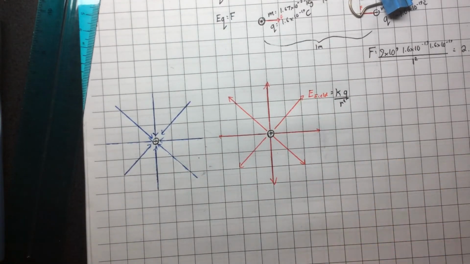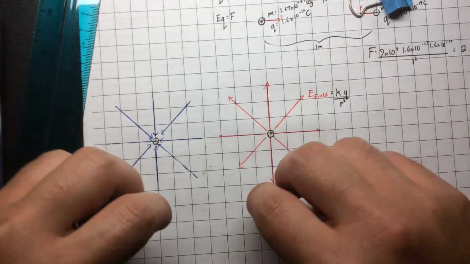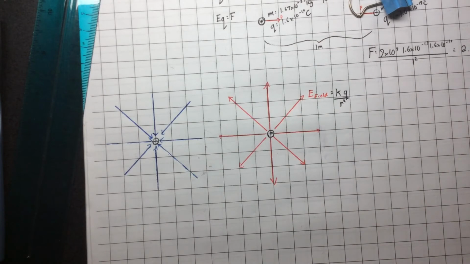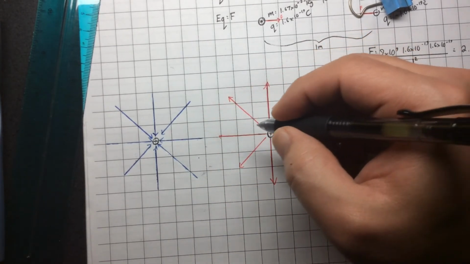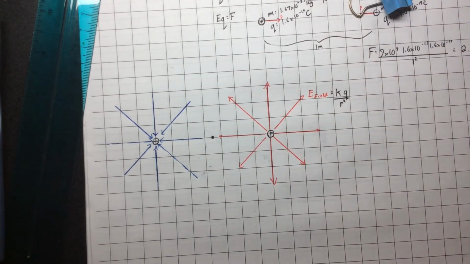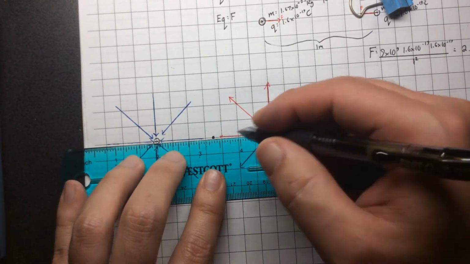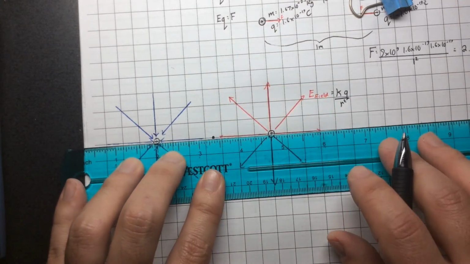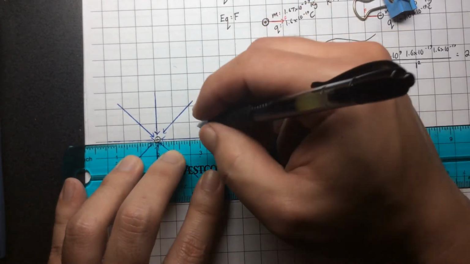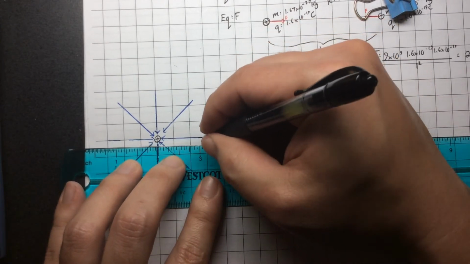So if we are going to look at these two charges, and they're creating their own fields, if I were to pick a spot, let's say right in the middle, I can figure out what the electric field is going to look like there. It looks like I have an electric field due to the red one that points to the left. I have an electric field due to the blue one that points to the left, which means in the middle, the electric field should point to the left.